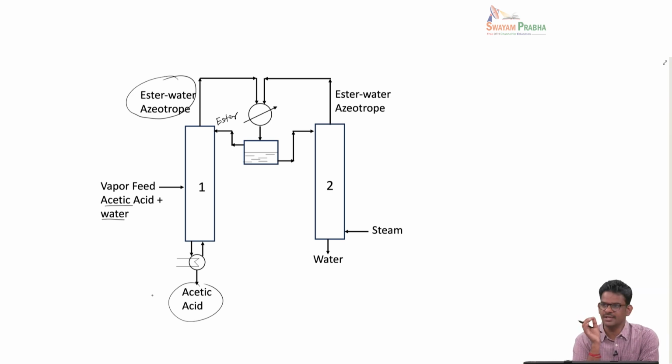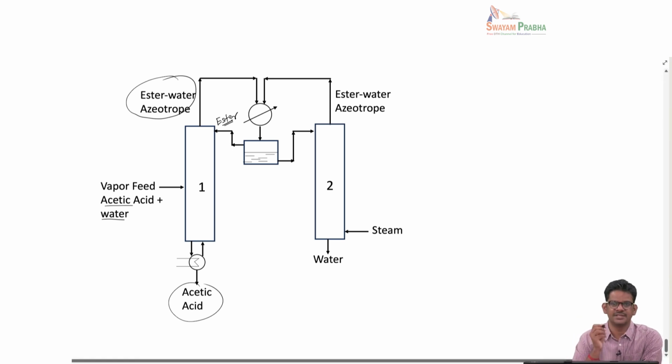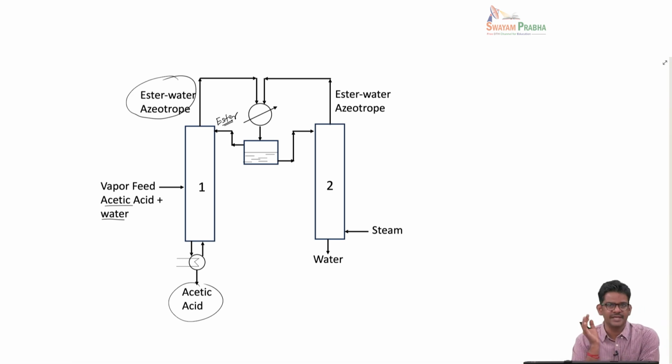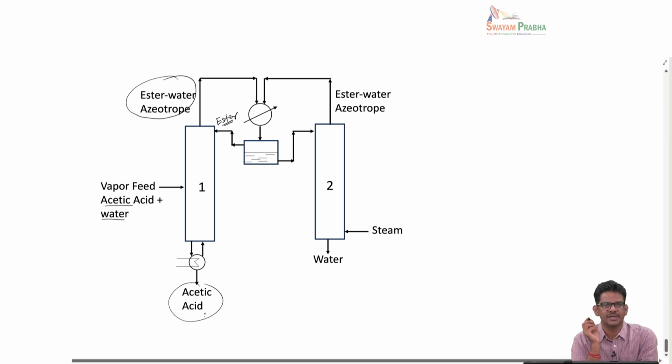The feed contains acetic acid in water. The butyl acetate ester is sent at the top of the column. The operation is such that the top product, the distillate, will contain the ester and water low boiling azeotrope, whereas the bottom will be the less volatile acetic acid in a nearly pure form.